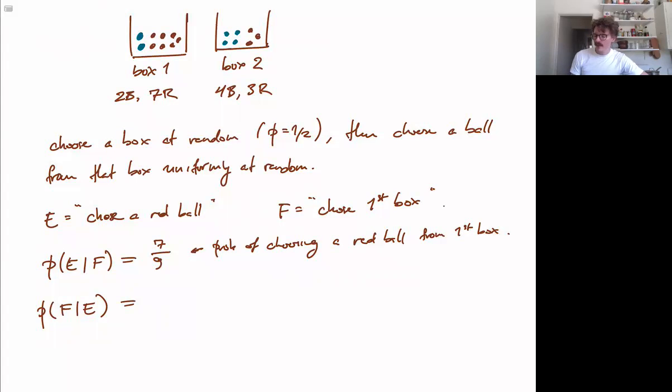The probability of F given E is, given that we ended up with a red ball, what's the probability that we had chosen the first box?